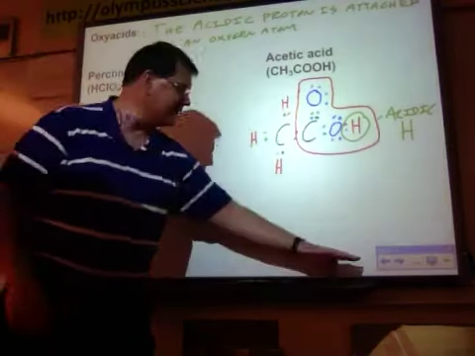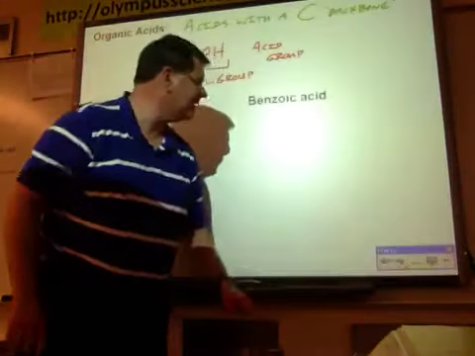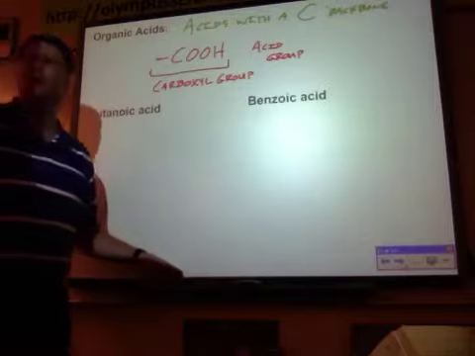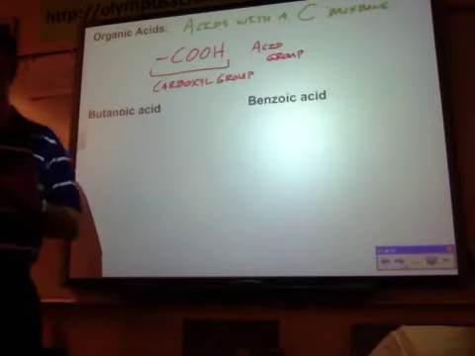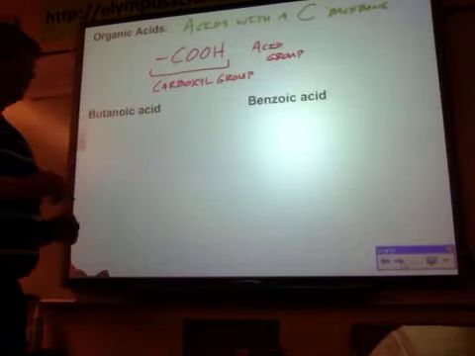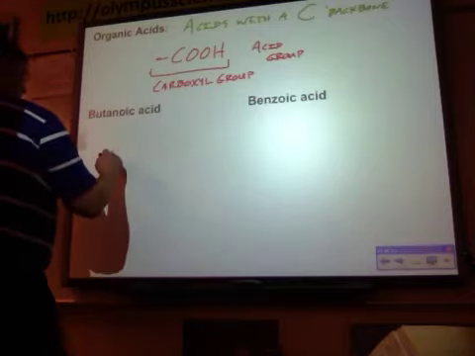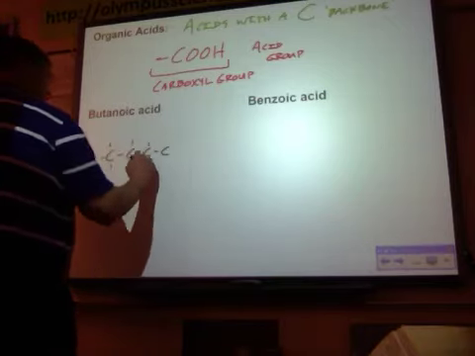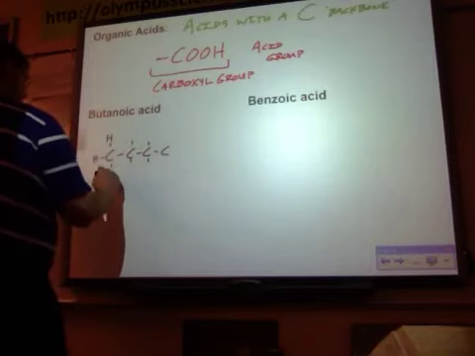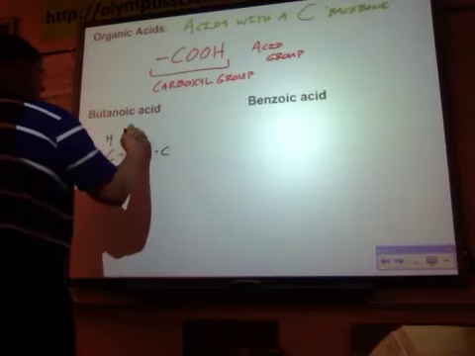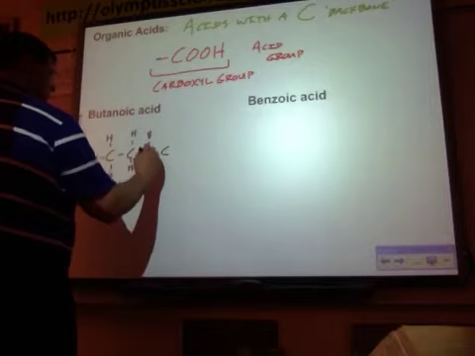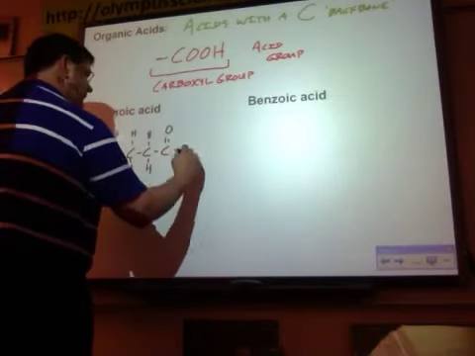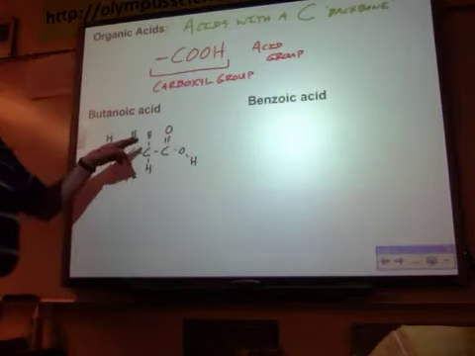Let me draw two quick examples here. Butanoic acid, and I'm not going to draw the dot structures, I'm going to draw the structural formula. Butanoic acid looks like this. Also, when we get to organic chemistry, I'm going to teach you a shortcut where we don't usually write the hydrogens attached to carbon.